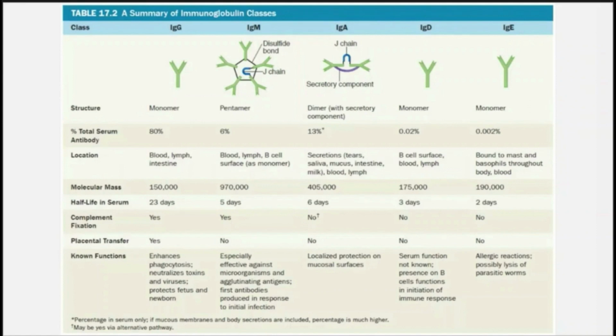So you can imagine these are very important in our allergic reactions, but these cells are also very important in combating parasites. So it might play an important role in the lysis of things such as parasitic worms. So there's a lot to process in this table, but what I just discussed are the important notes that you should be familiar with.